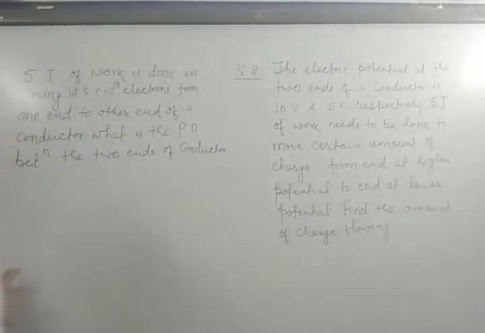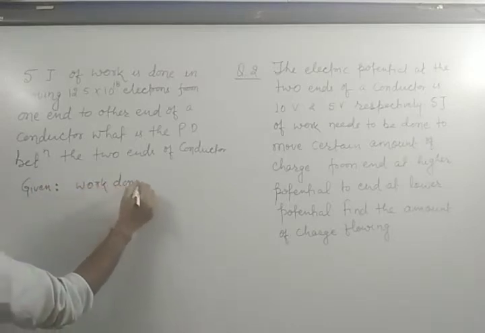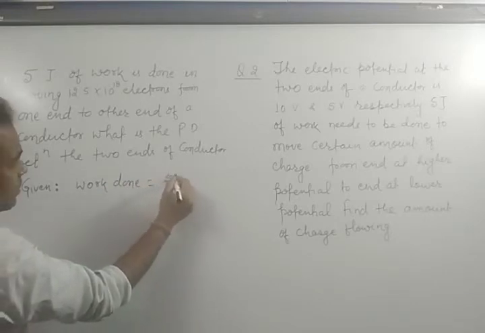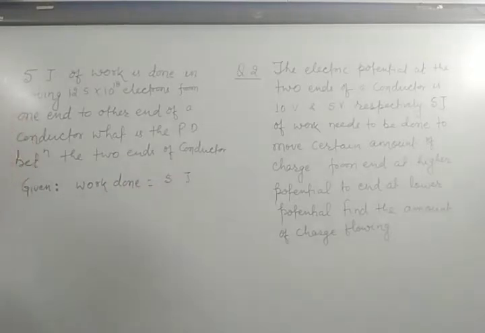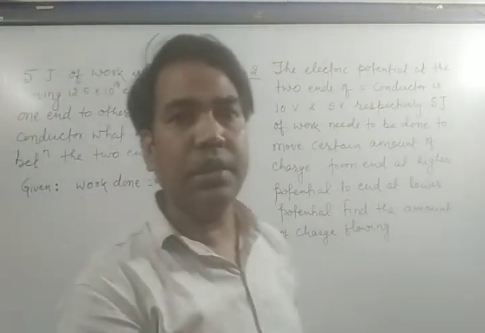So what is given in the question? It is given that work done is equal to 5 joule. And what we have to find?